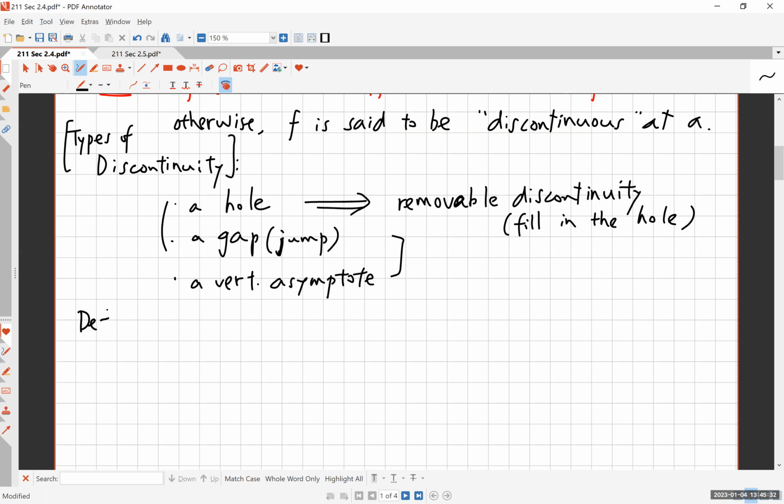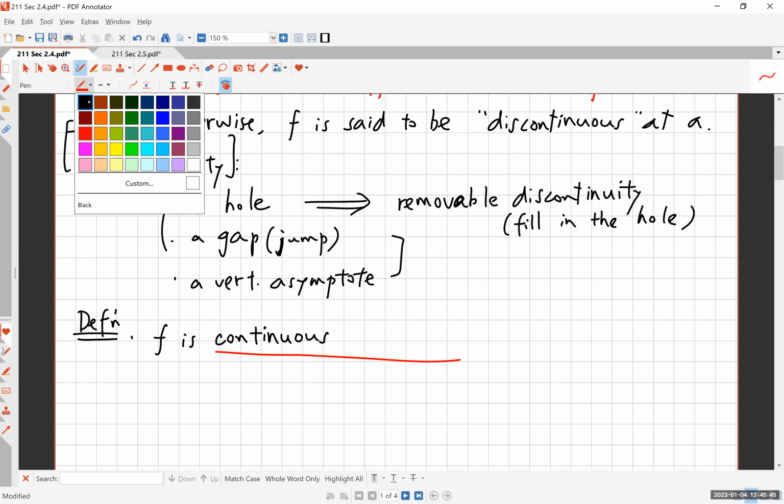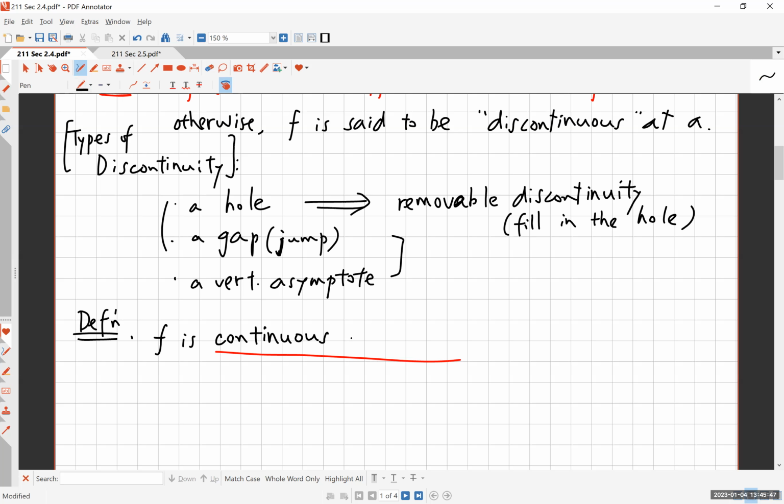Now, the second thing that I want to define is this: f is continuous. And you say, wait a minute, didn't we just define that? Yes, we did. But this time it's not pointwise continuity. f is continuous on an interval.